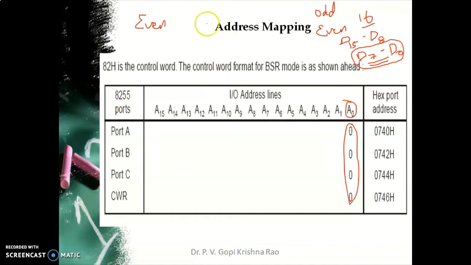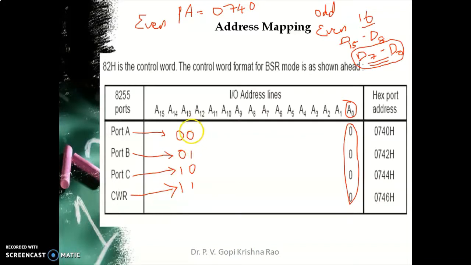What is our address requirement for port A? For port A, the address requirement is 0740. So if we look clearly, what are the addresses that we have? 00, 01, 10, 11. 00 represents port A, 01 represents port B, 10 represents port C, and 11 represents the control word register.